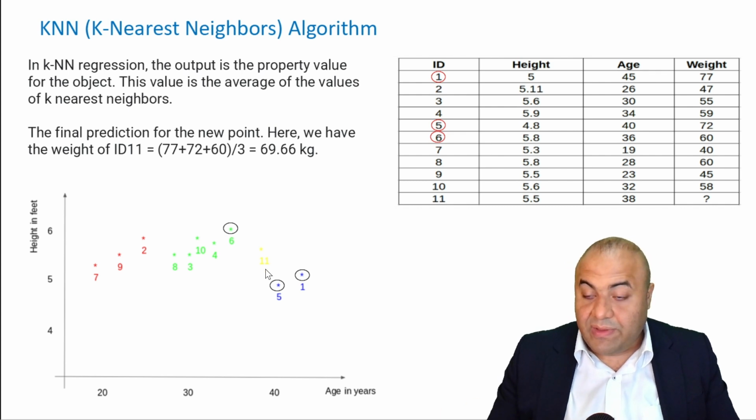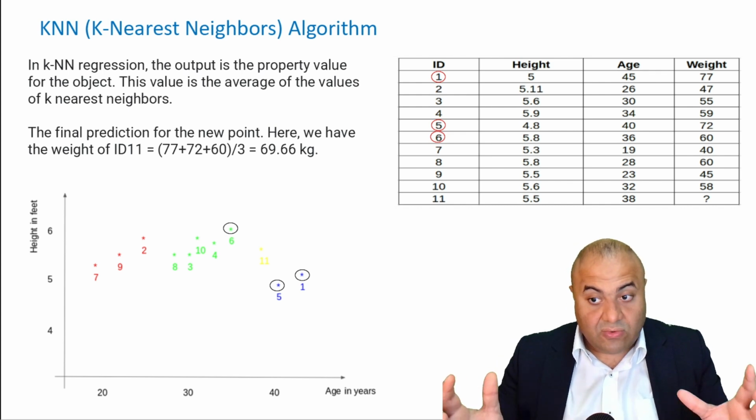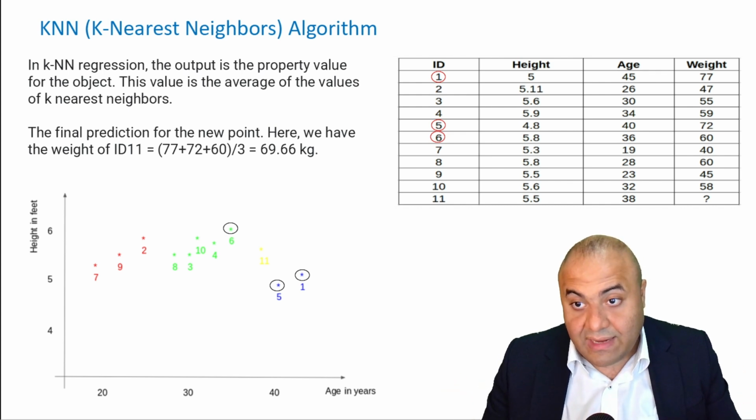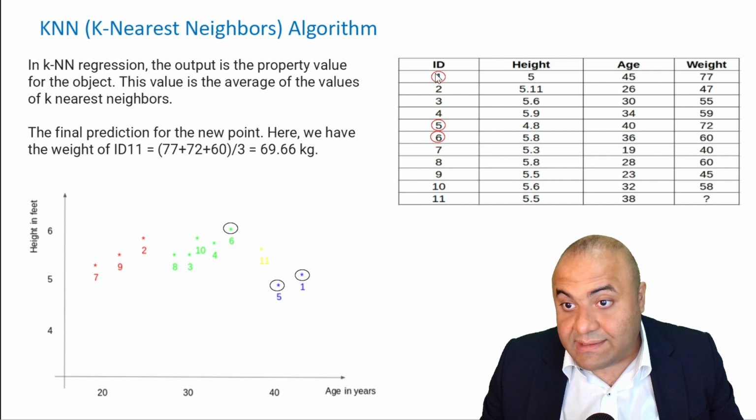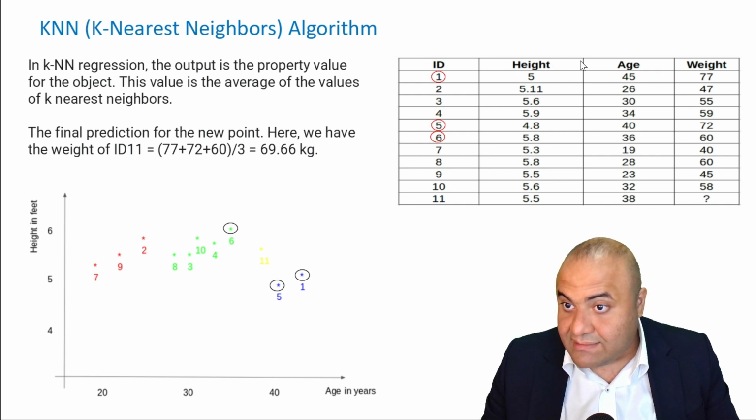The same thing: we take this point and we look for its neighbors. For example, we have points from ID 1 to ID 11, and we have the height, age, and weight. X1 is height, X2 is age.